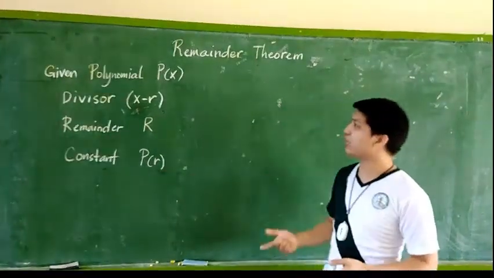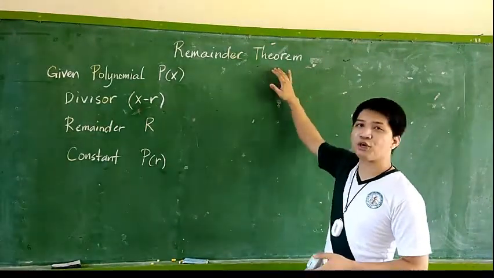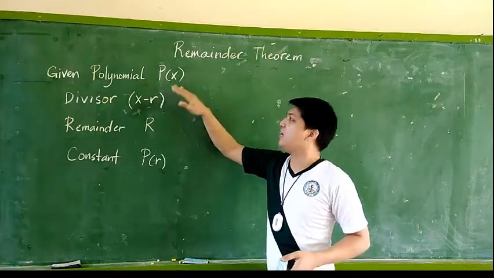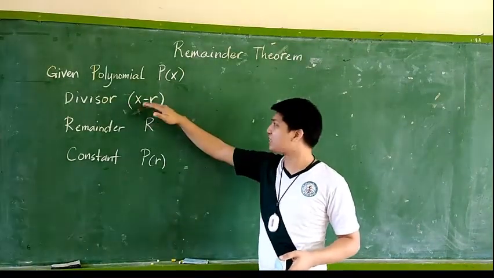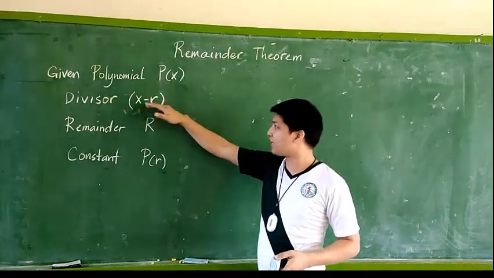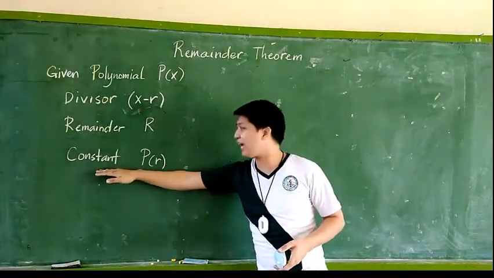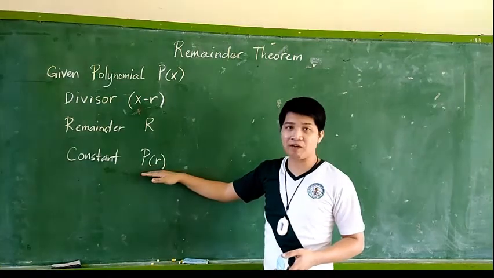Let me repeat that. If a given polynomial p of x is divided by x minus r, the remainder is a constant and is equivalent to p of r.